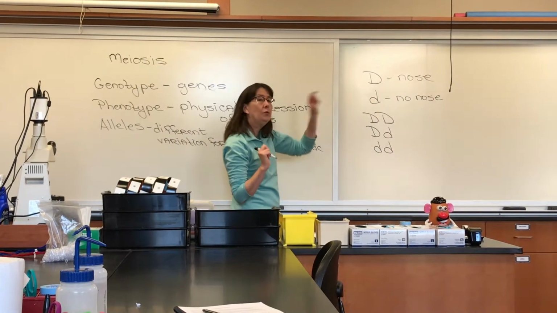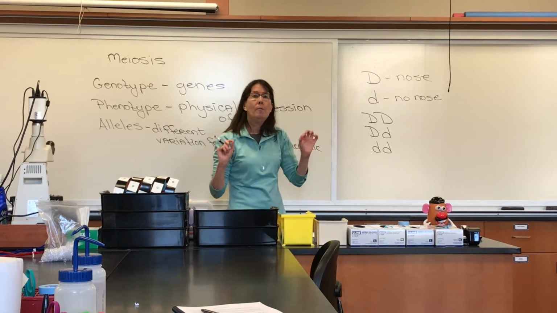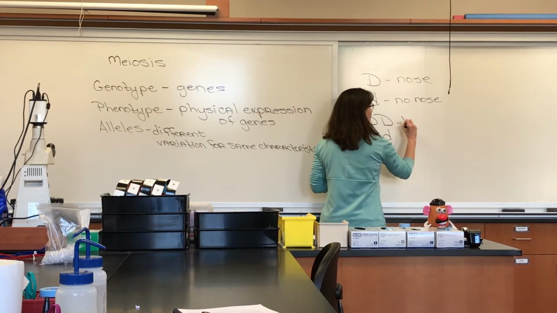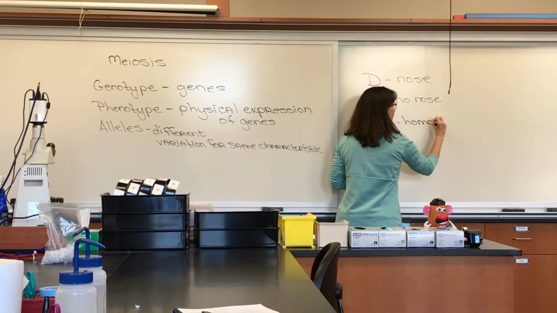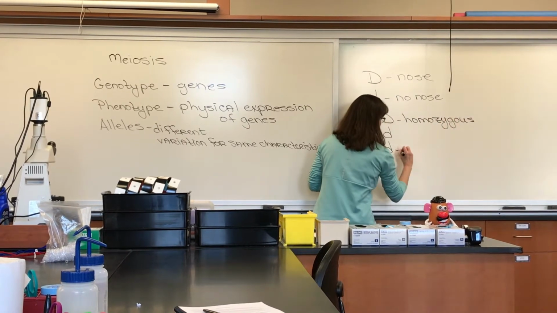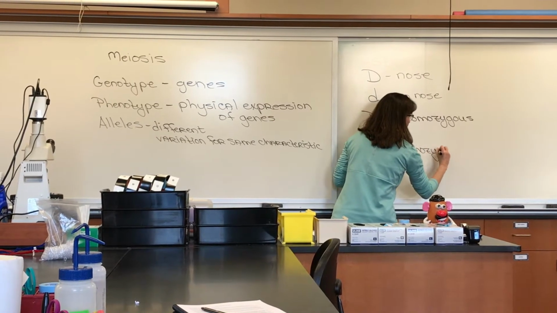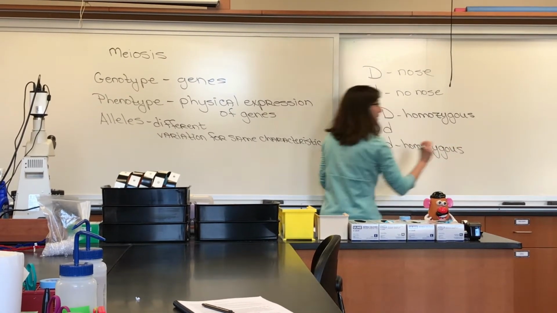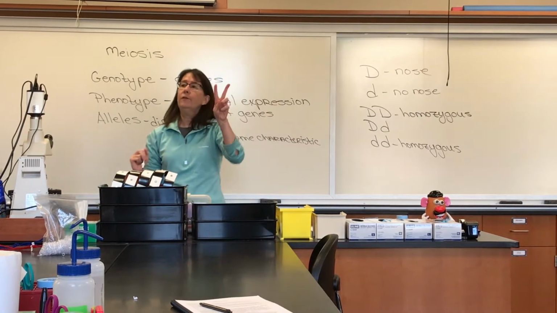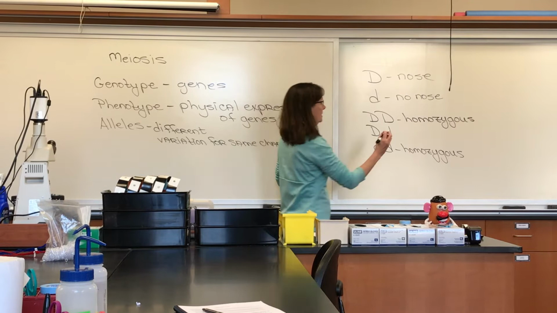When they have two of the same alleles, we refer to that as homozygous. And if they have two different alleles, we refer to that as heterozygous.